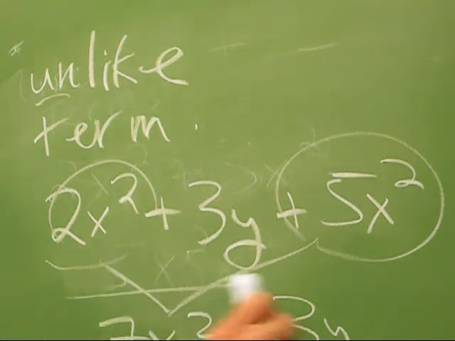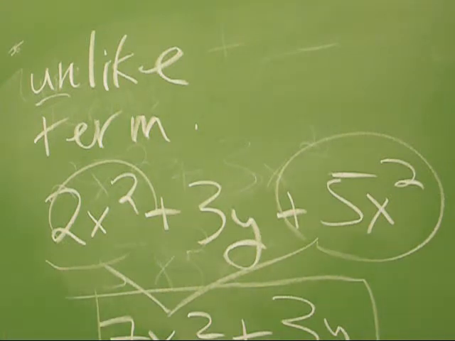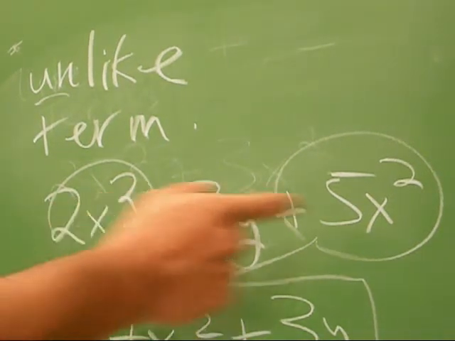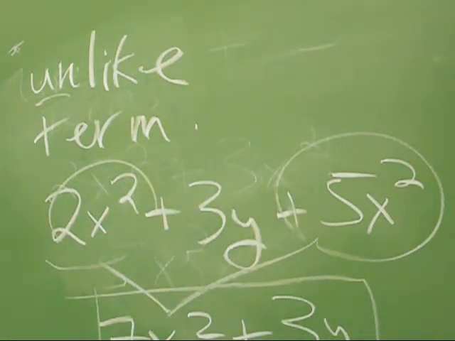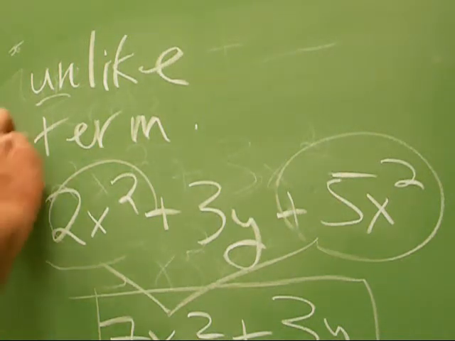So then this would be as simple as I can reduce it. 7x squared plus 3y, because these two like terms combine. This 3y, it doesn't fit in, it's not a part of the x squared category, so then it's going to be here. This is as far as I can go. And remember, this is with adding and subtracting like terms and unlike terms.